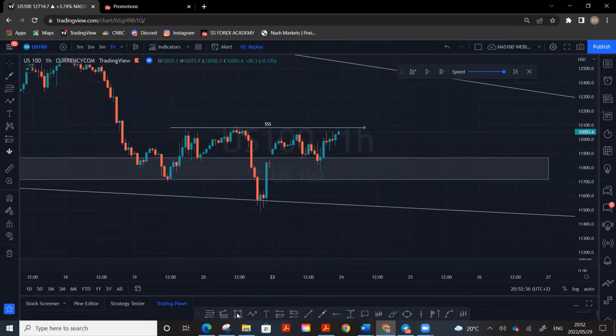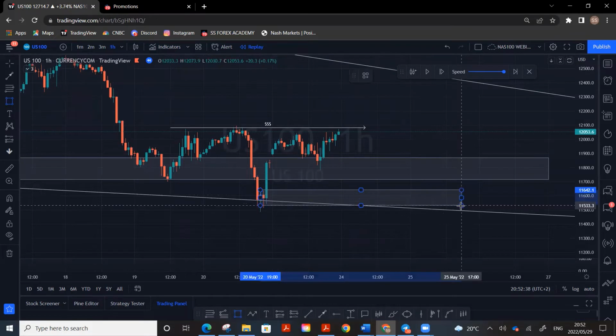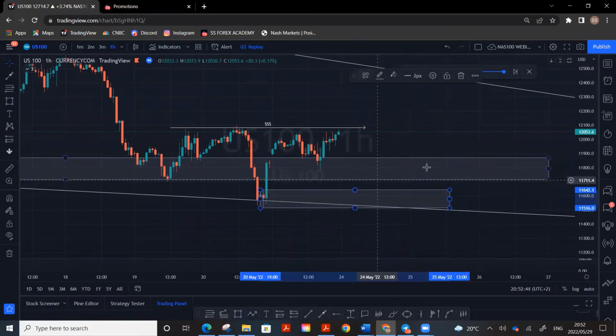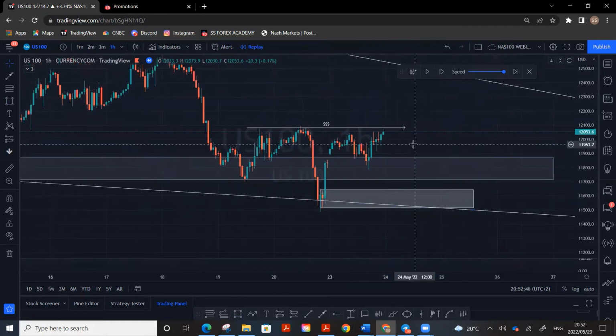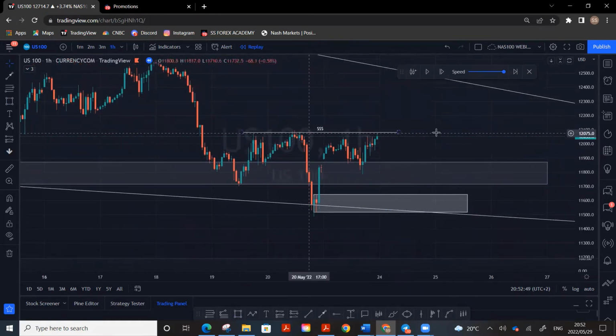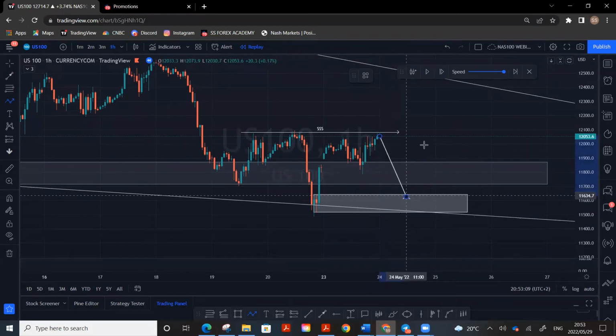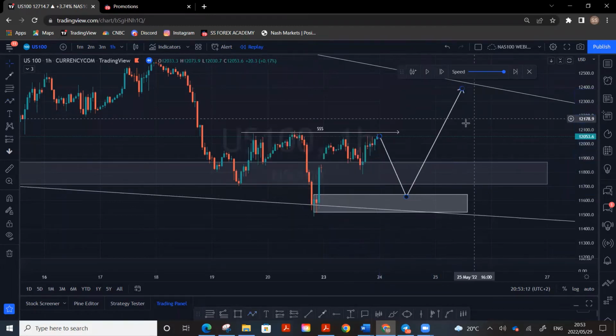Okay, so according to my knowledge and how I trade, that was my demand. So we had a demand area sitting there. We had buy side liquidity above 12,000, right? I was anticipating price to come back, drop back down, take out this low, same low that induced retail buying, tap into this area here, and then rally all the way up from there.